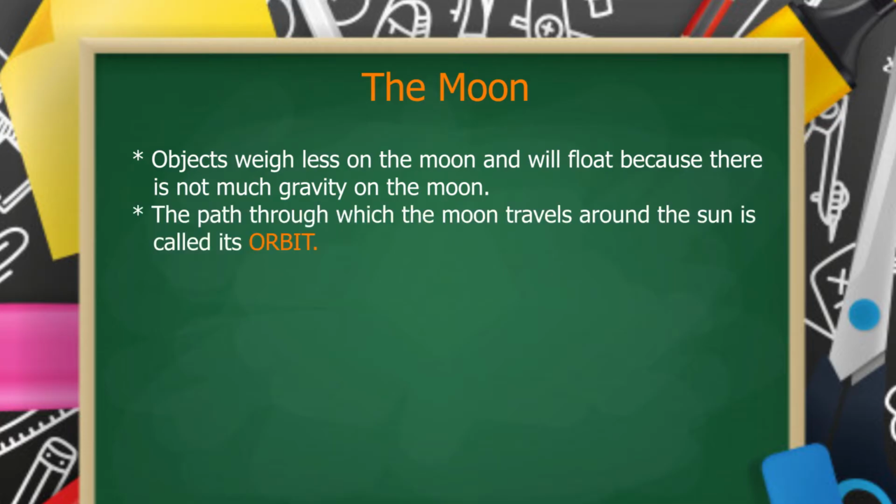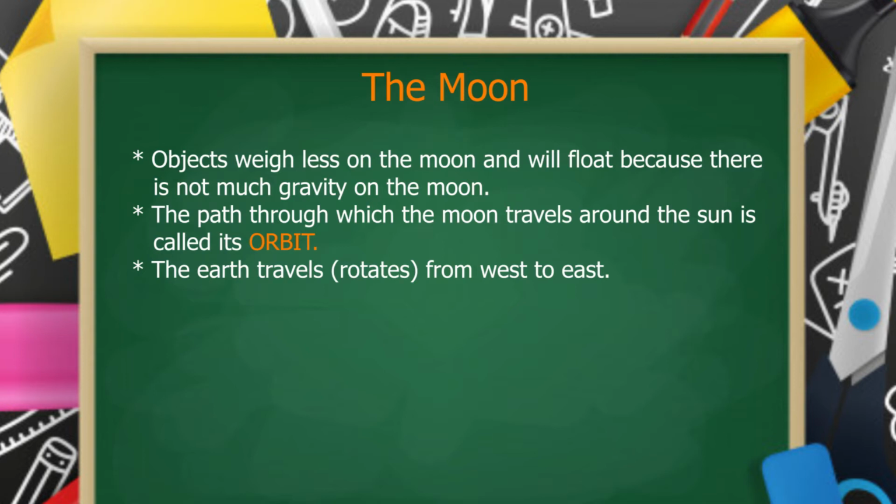The path through which the moon travels around the earth is called its orbit. Correct. It is called its orbit. The earth rotates from west to east.